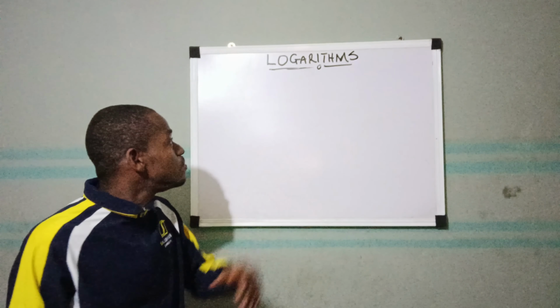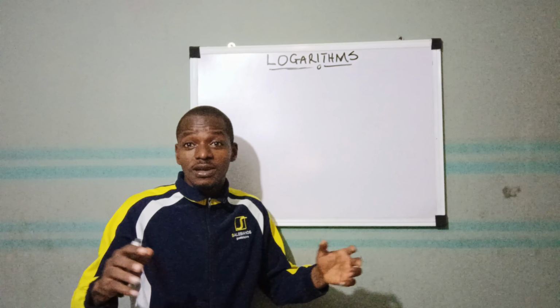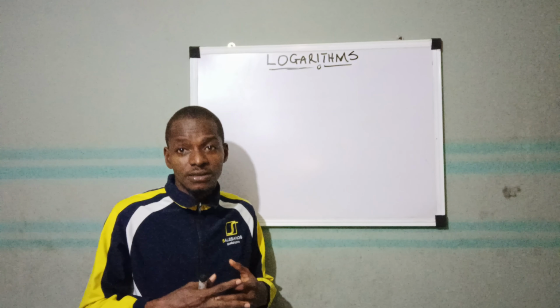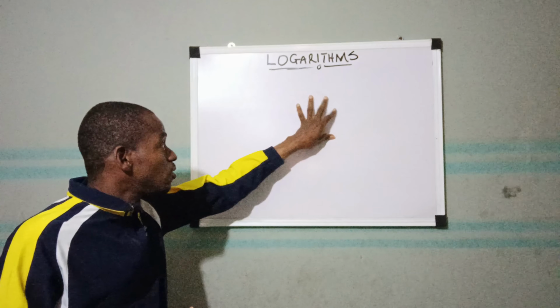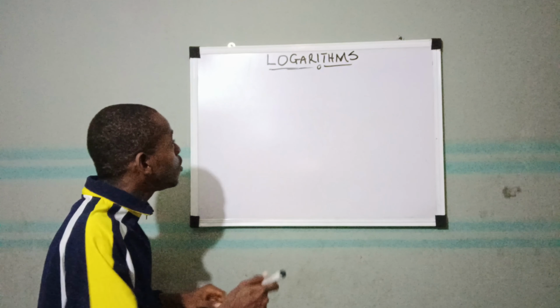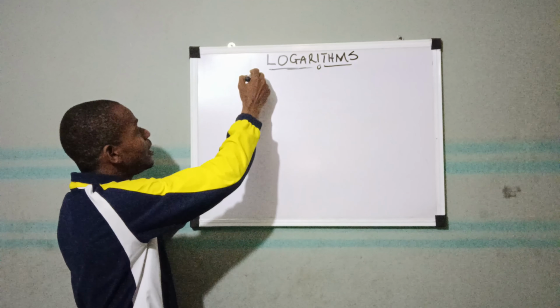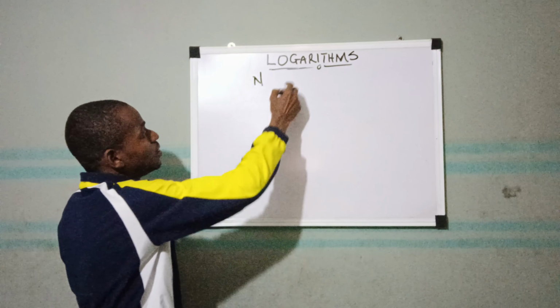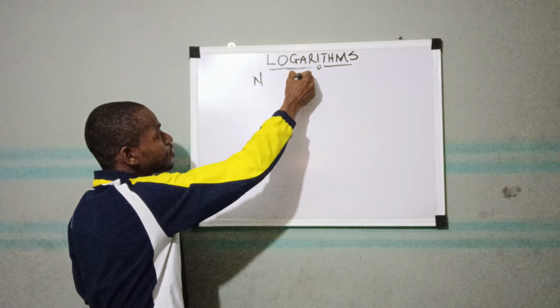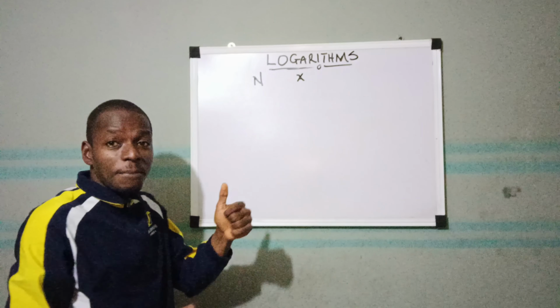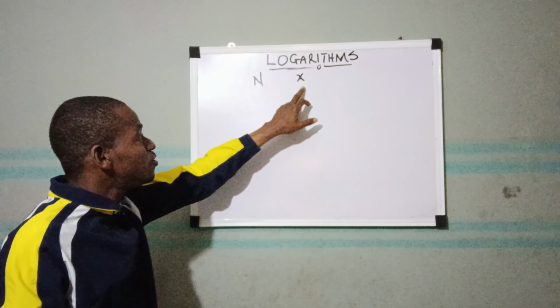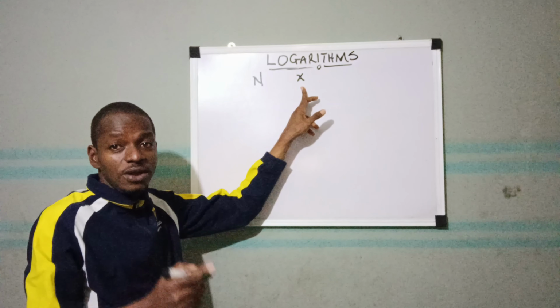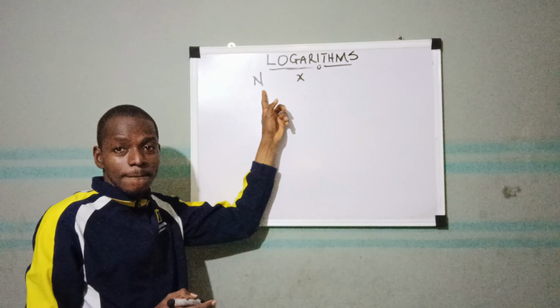All right, logarithms. Now, logarithms and indices are related. What is the logarithm of a number? The logarithm of a number, let's say n, to a certain base, let's say x, is the power to which this base must be raised to give this number.